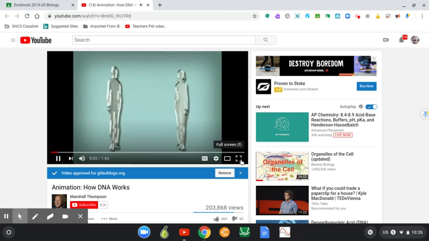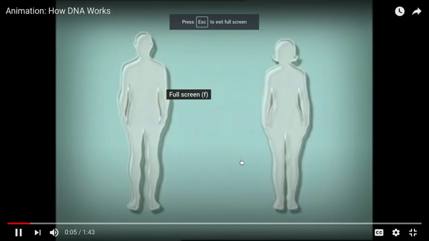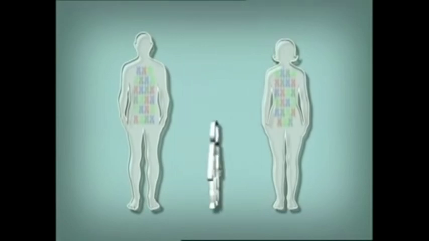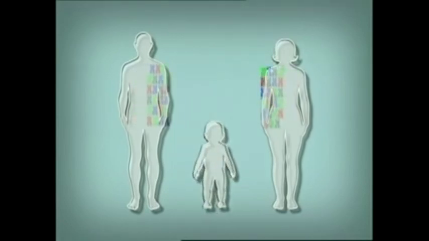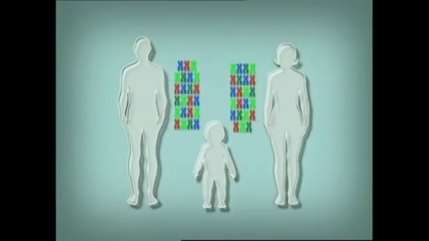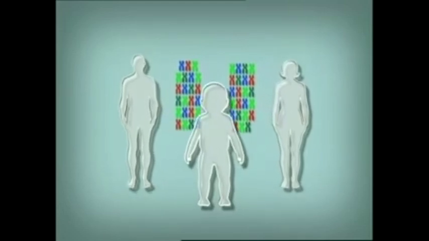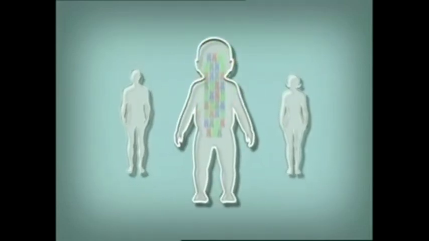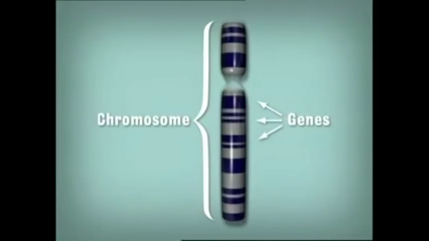Despite visible differences, at the molecular level, humans are 99% the same. We possess 46 chromosomes, 23 from each parent. Each chromosome holds an assortment of genes. These genes create different proteins that control a specific structure or function within the human body.